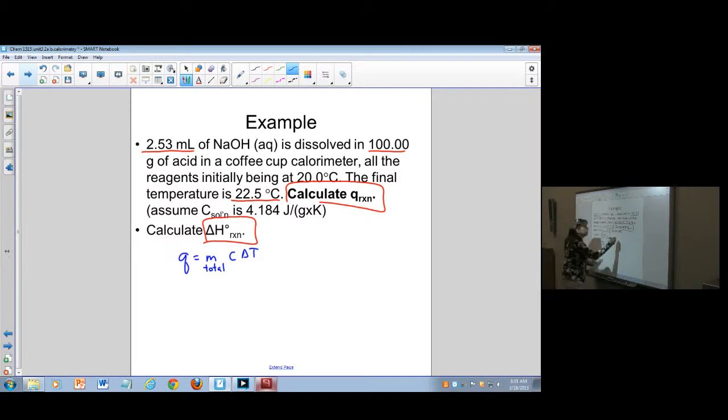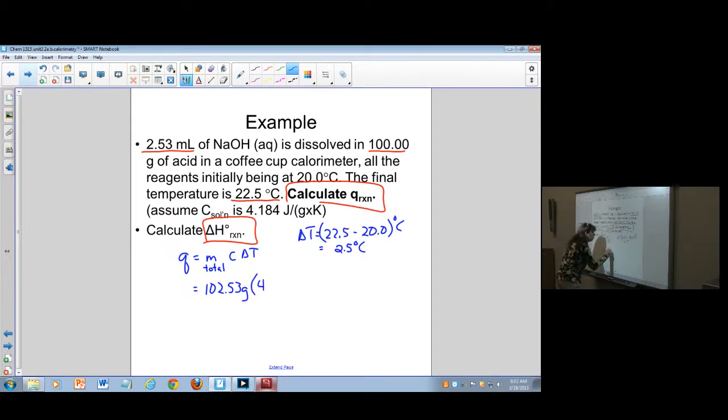We also know our delta T. Delta T in this case is equal to the final 22.5 minus 20.0, the initial, so this is equal to 2.5 degrees Celsius. All right, so let's input our information. We have a total mass of 102.53 grams because we're adding the sodium hydroxide and the water together.